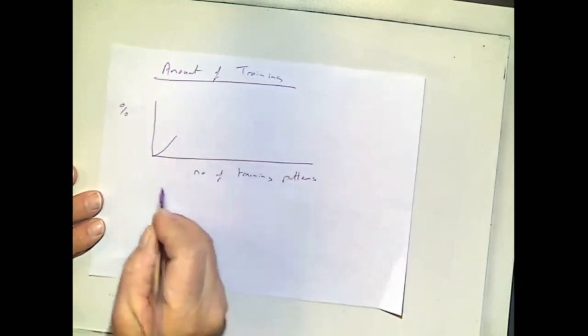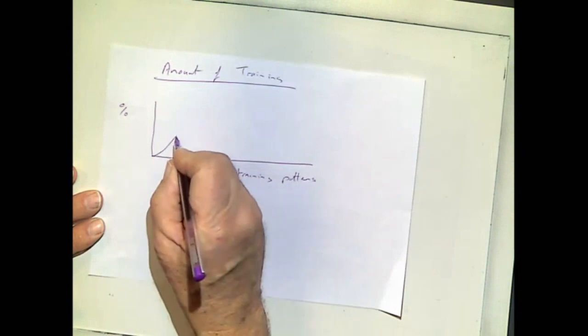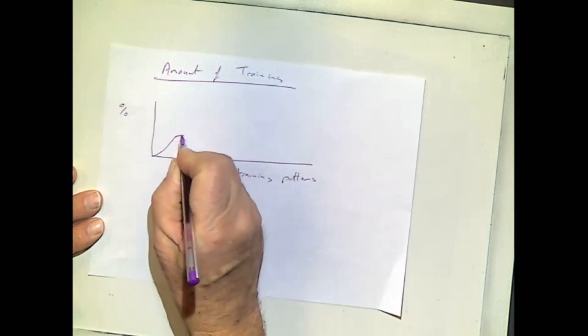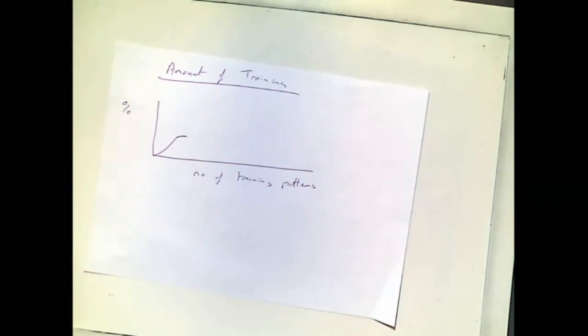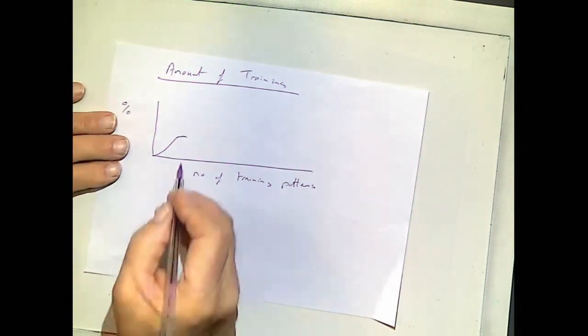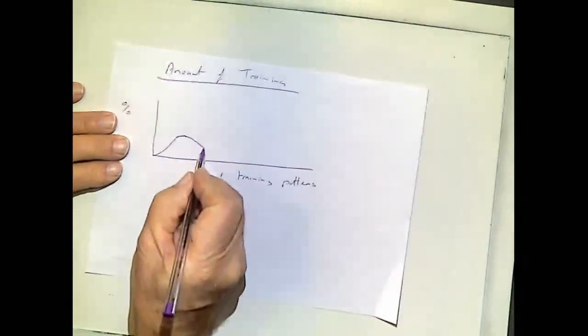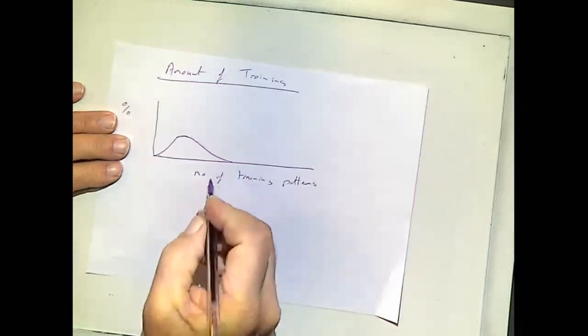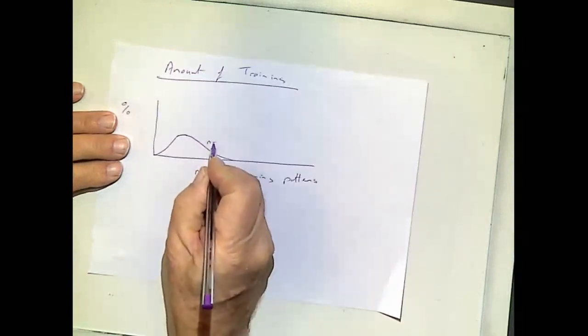It will rise as the number of training patterns increases. It will level off. If the system is noise-free, it should remain at the maximum level, but in practice, no systems are noise-free. Noise will add unwanted data to the training, and it may start to overgeneralize, and it will fall off. So we get a performance like that, and that could say n equals 2.